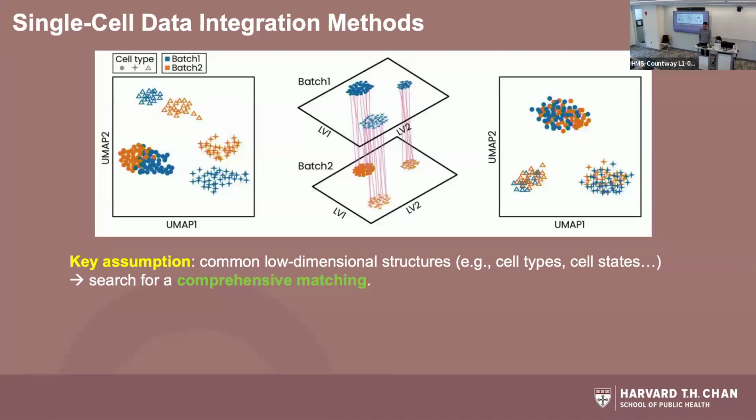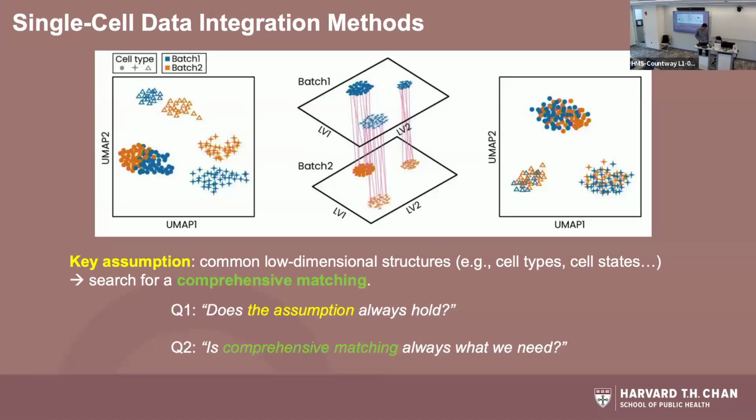Essentially, it has to be something low-dimensional that can be captured by dimension reduction algorithms or manifold learning algorithms. The algorithm internally first captures that common low-dimensional structure and then tries to align the corresponding parts, so that in the end it finds a comprehensive matching. Basically, everything gets a one-to-one correspondence, and whatever can be accounted for by this transformation is completely removed.